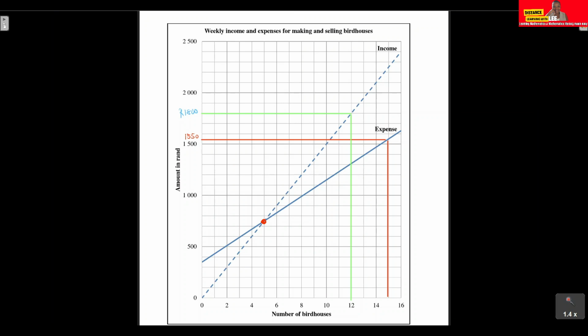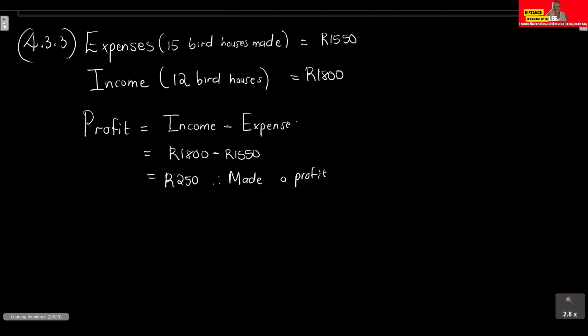Because he sold 12 bird houses, he did in fact make a profit and not a loss, because he sold more bird houses than the break-even point. So that is the answer for question 4.3.3.